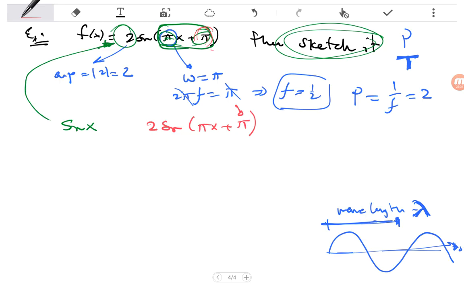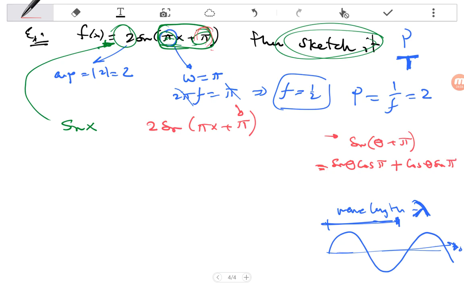Yes, in the last lecture we learned how to simplify sine of theta plus pi, the addition of two angles. The rule is sine theta cosine pi plus cosine theta sine pi.